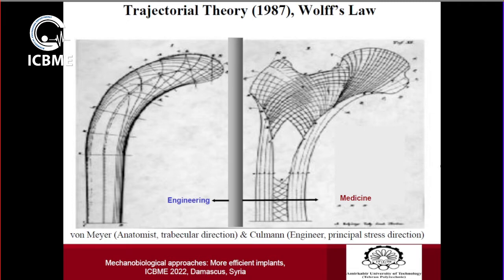Another German anatomist took this theory one step further, and he stated that not only spongy bones are distributed along with the principal stress direction, but also if you increase the load applied on your bone, the density of your bone would increase. And if you decrease the load applied on your bone, the density would decrease. If you change the direction of load applied on your bone, then the direction of trabeculae would change. Please go to the next slide.